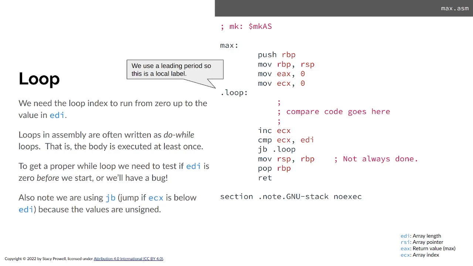So that comes to us in the second argument, which is RSI. Return value goes in EAX, and we're going to use ECX as our loop index. So initially we set that to 0, just like we did in the for loop. Every time through the for loop, we're going to compare the index to 64, and if we haven't hit 64 yet, then we'll jump back to the top.